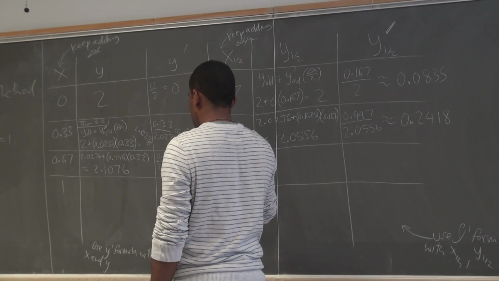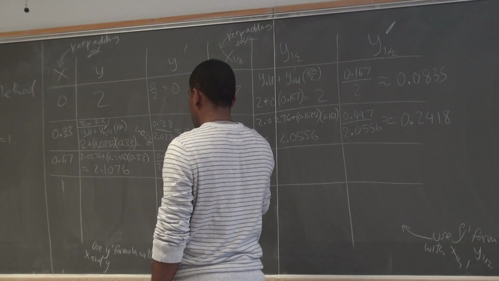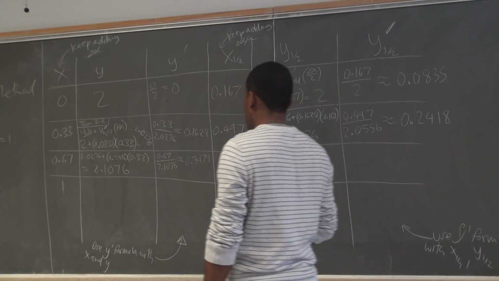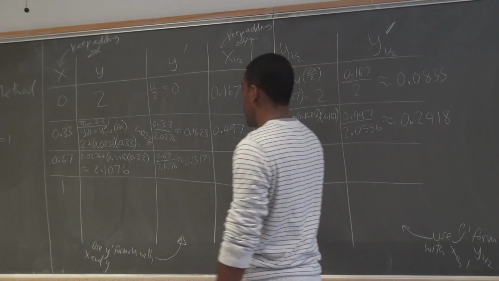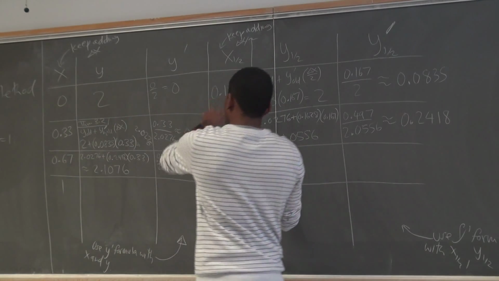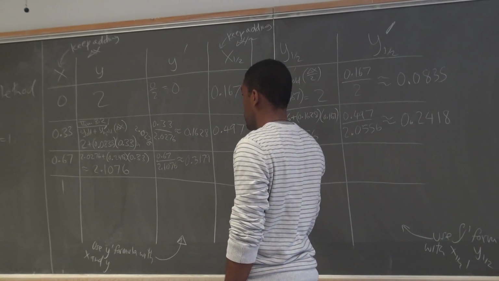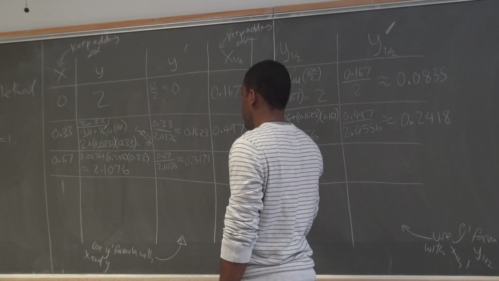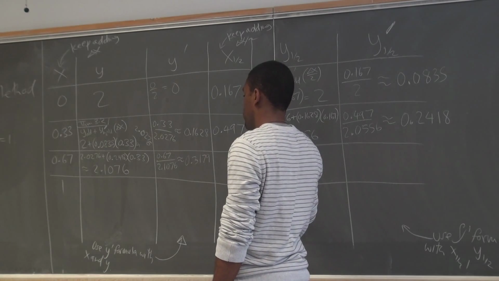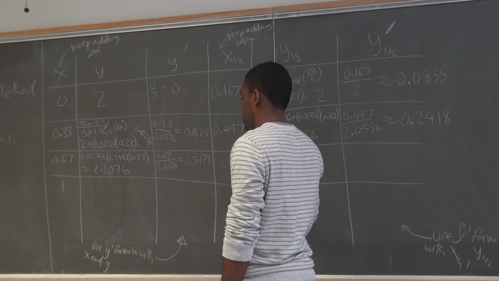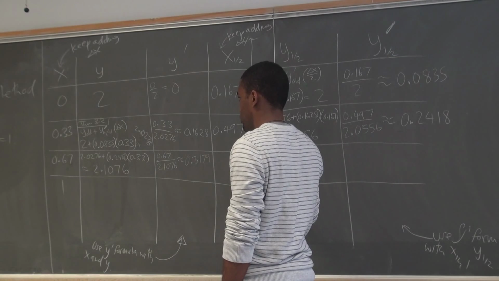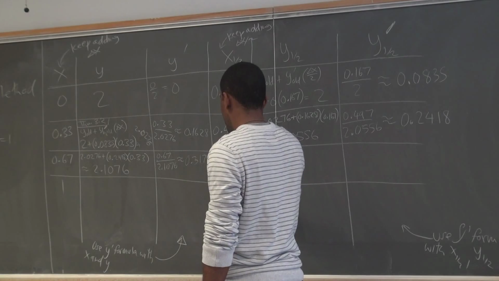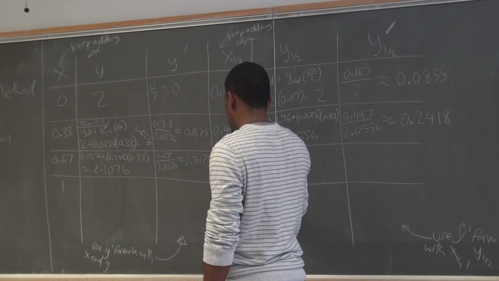What's the other decimal place? 0.3178, what, 976. So let's use 0.3179. Okay. X half is just going to be this plus 0.167. 0.4849.